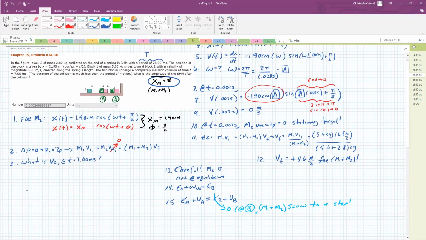Number 16 over here, I guess. All right, number 16 at A. Here is my kinetic energy, 1/2 m v_A squared. This is my kinetic energy. Here is my potential energy, 1/2 k x_A squared.